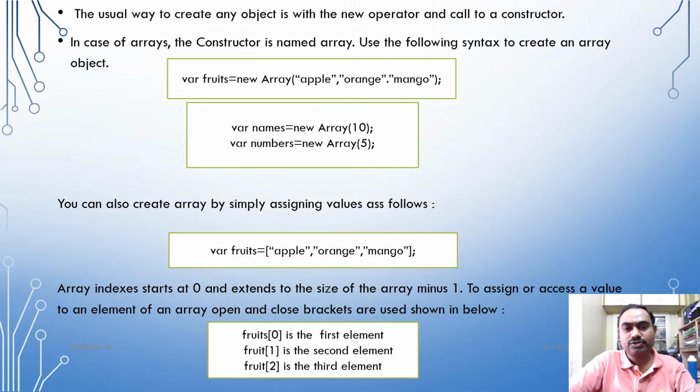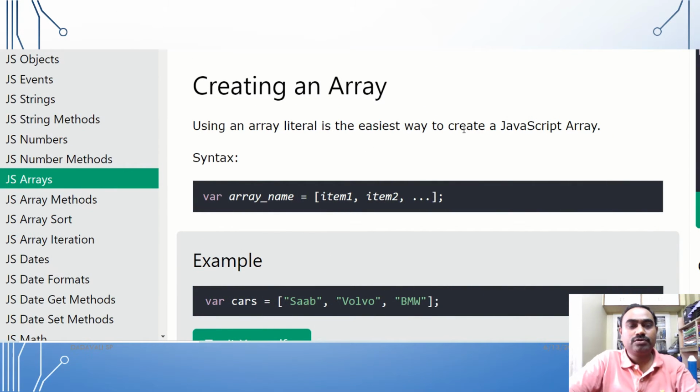Apple is stored at the location where the index starts; array indexes always start from 0. So location 0 is the first element, 1 is the second element, and 2 is the third element. You can also see the W3Schools website, where you can easily learn how to create an array.